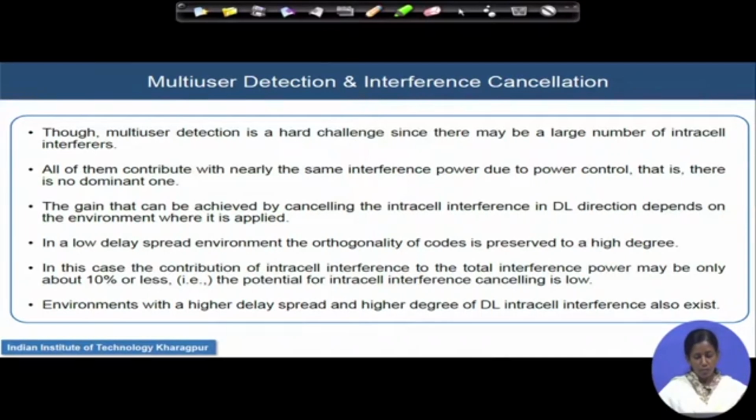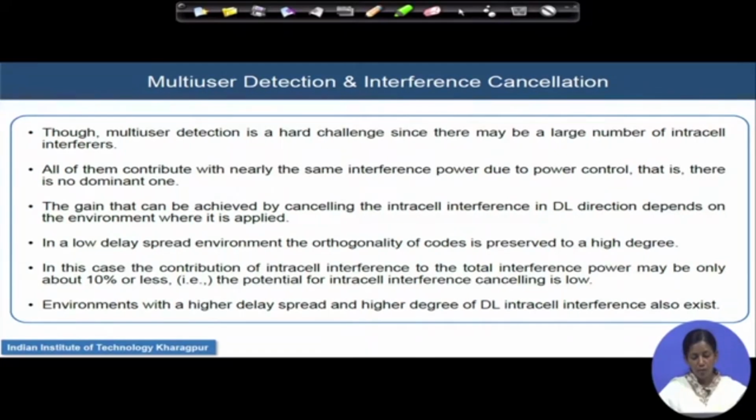Though this multi-user detection is a hard challenge, since there may sometimes be a large number of intra-cell interferers, and it involves huge signal processing of first extracting each individual's signal and then subtracting it from the intended signal.